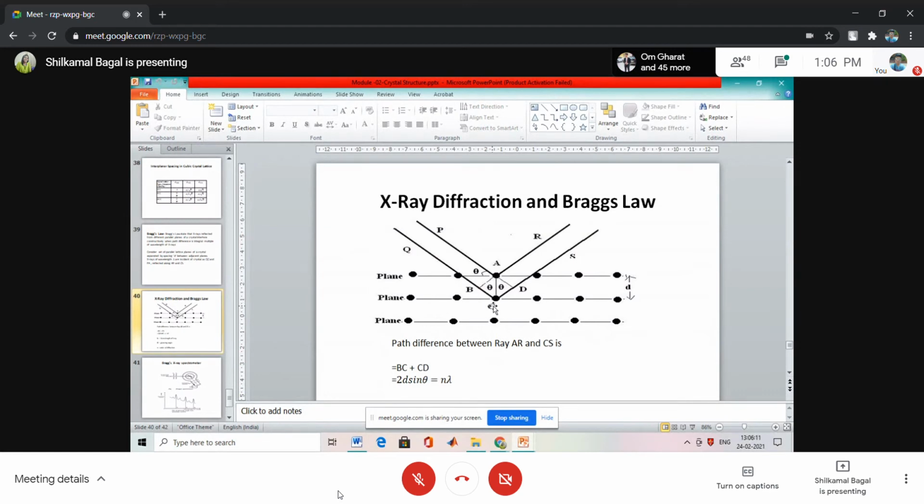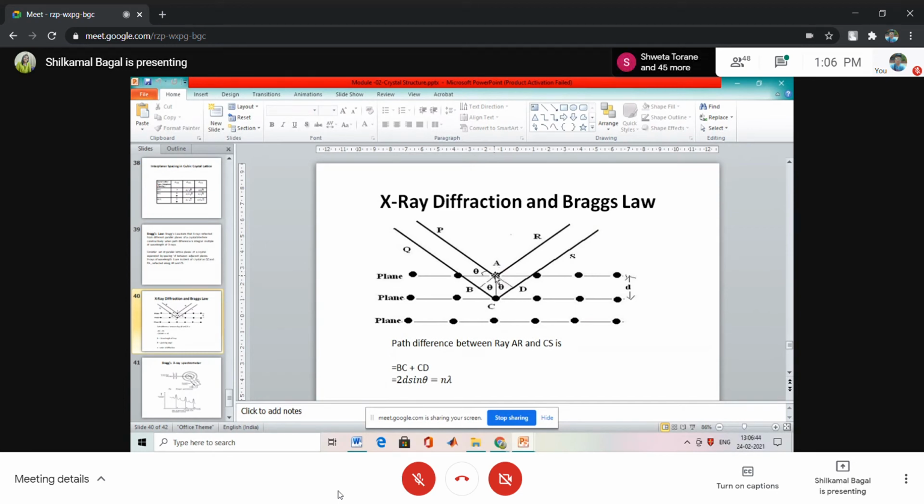Sin theta will be BC upon AC. So BC is equal to AC sin theta. Similarly, CD from triangle ADC will again be AC sin theta. From this triangle, sin theta will be CD upon AC, so CD is equal to AC sin theta. And what is AC?